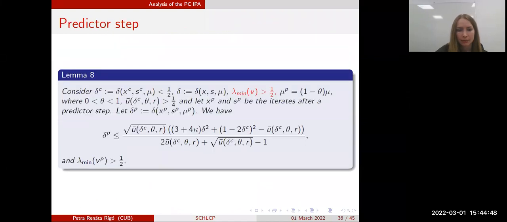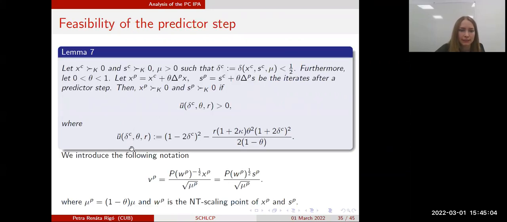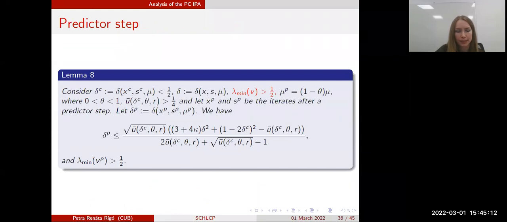This lemma investigates the effect of the predictor step and the mu on the proximity measure. So here we gave an upper bound, but we can see that this is also depending on this function u bar, what we had in our lemma related to the strict feasibility of the predictor step.